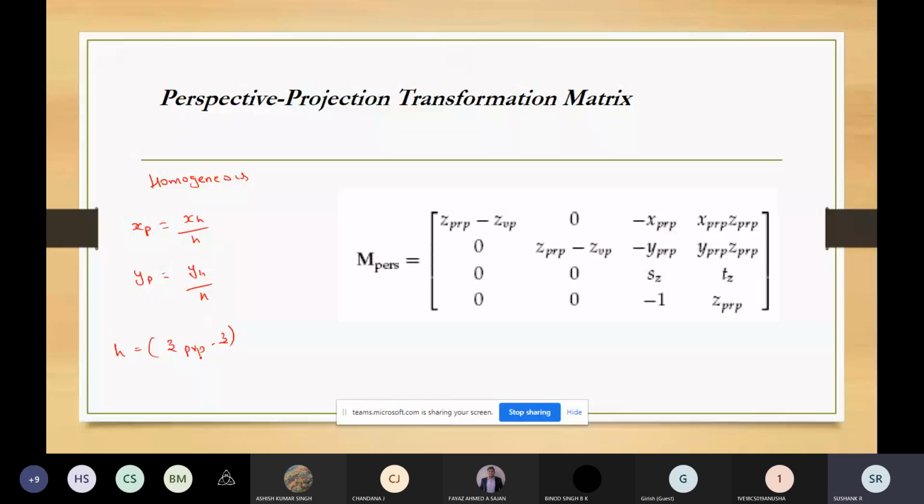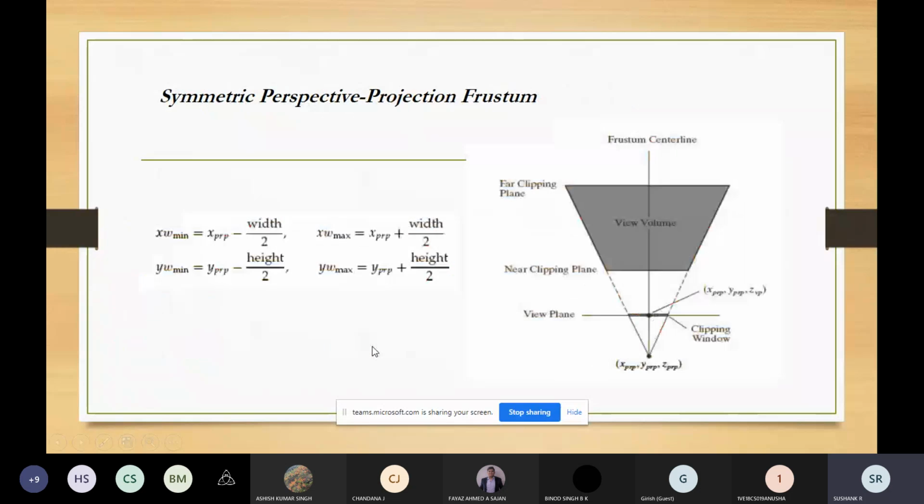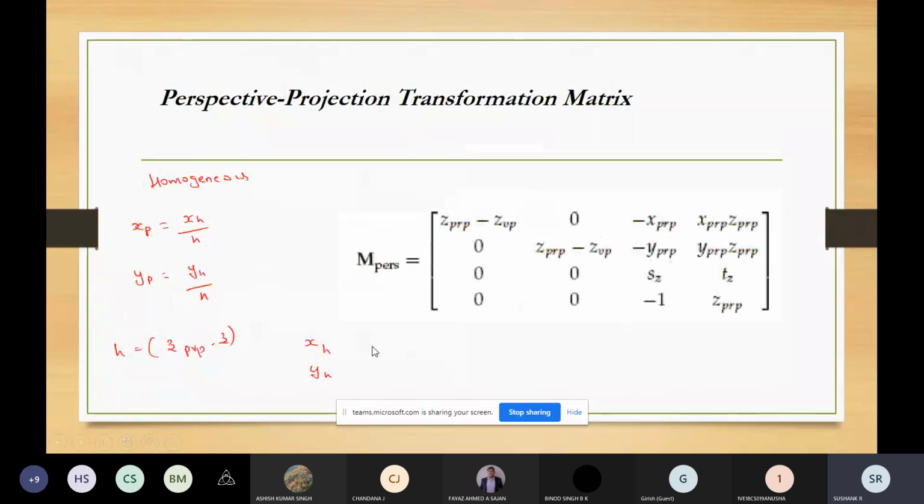Similarly, you can derive the equations of xh and yh also. I have not copied this from the textbook. It is x into zprp minus zvp, plus xprp into zvp minus z.